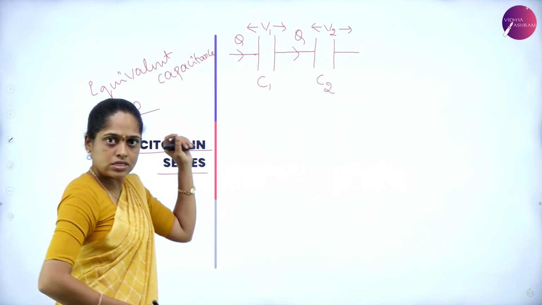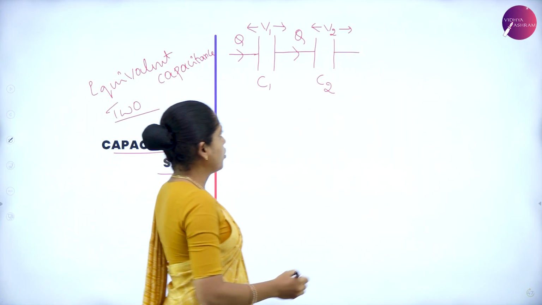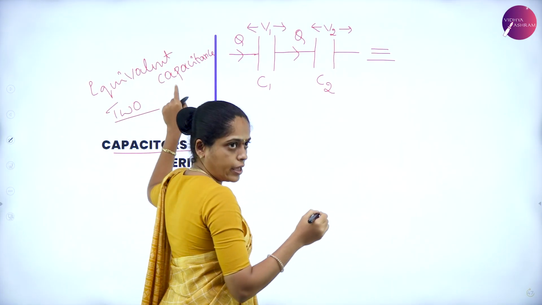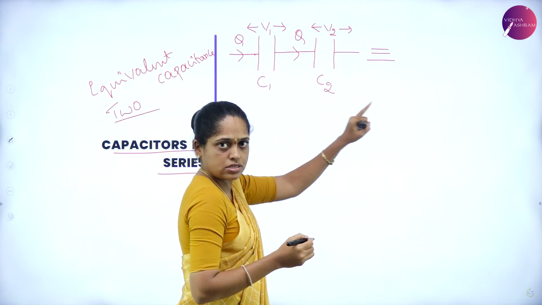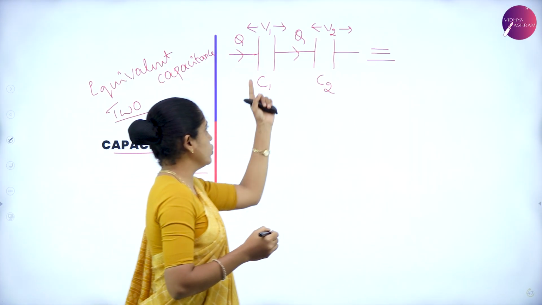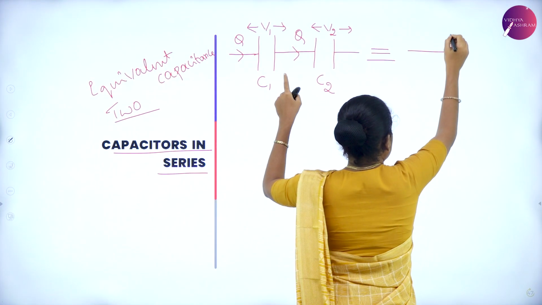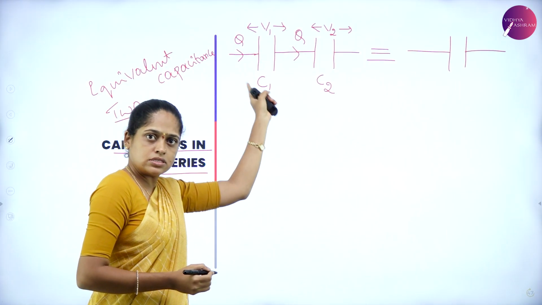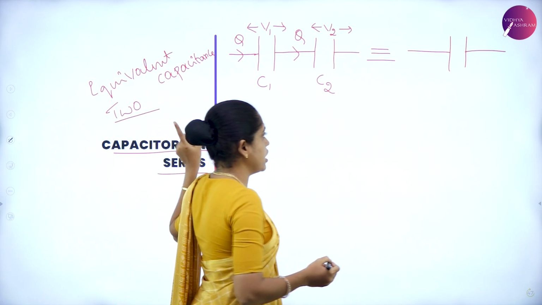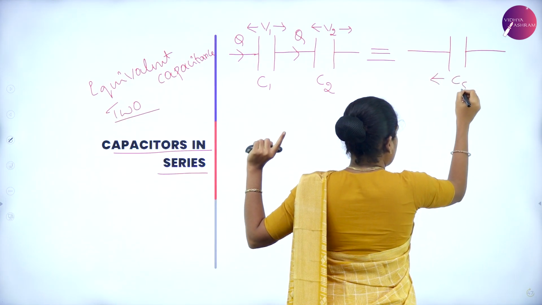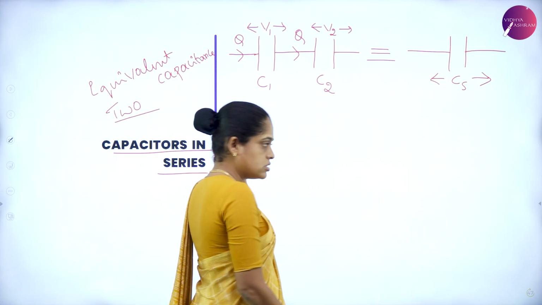After drawing this diagram, you have to draw the diagram for the equivalent capacitance next to this. This symbol represents the equivalent of these two capacitors. The single capacitor which replaces these two capacitors is known as the equivalent capacitor, and we have arranged this in series.